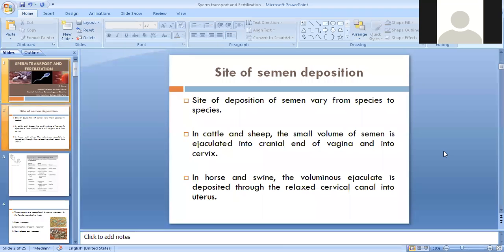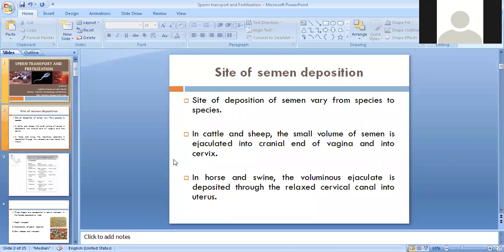So first of all, when we talk about sperm transport, we know that once mating occurs, the semen from the male animal is deposited in the female genitalia, and depending upon the species, the site of deposition of semen varies.